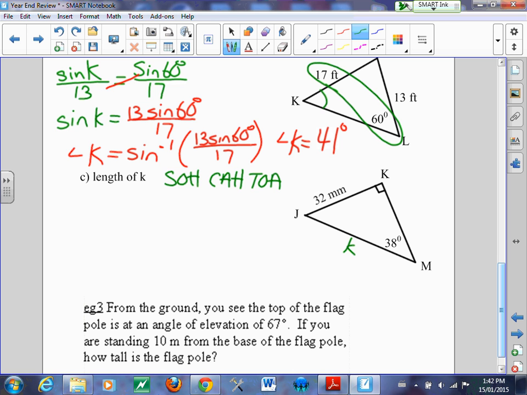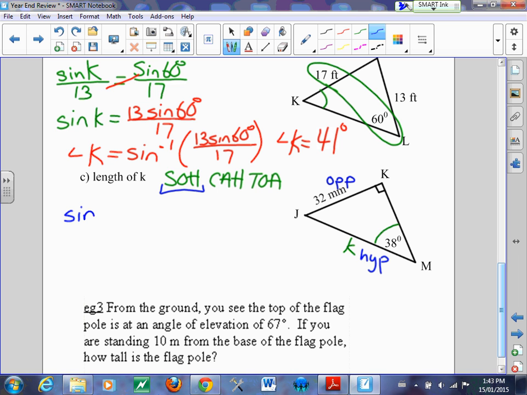The angle given is 38 degrees, so from that, what side has the information in it? So for example, 32 millimeters is what we call the opposite side, and K that we're trying to find is the hypotenuse. What ratio has an O and an H in it in SOHCAHTOA? It's going to be the first one, so it's going to be sine ratio.